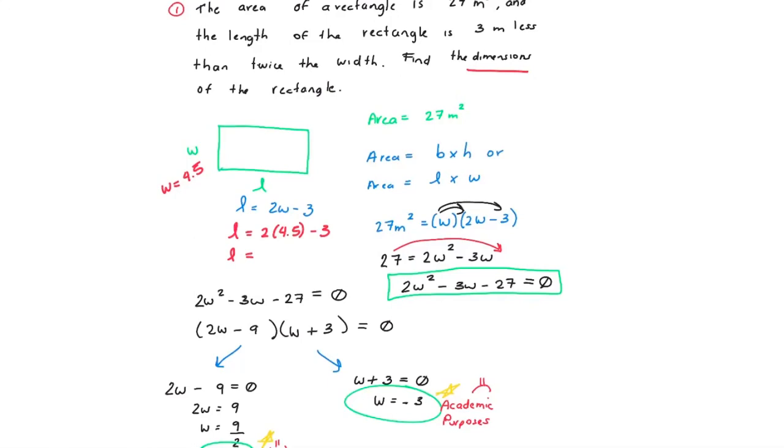Sorry, my calculator froze. And my mind kind of froze too. Okay, 4.5 times 2 minus 3, so it's 6. So the answers for this problem will be that it has a width of 4.5 and a length of 6.